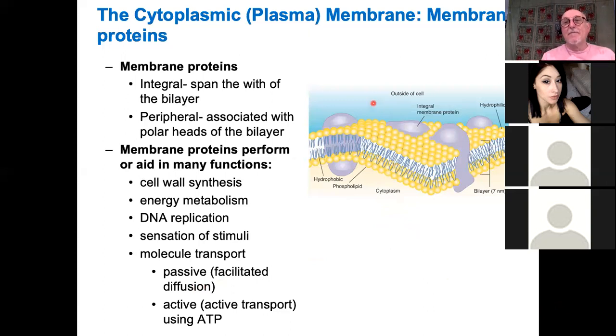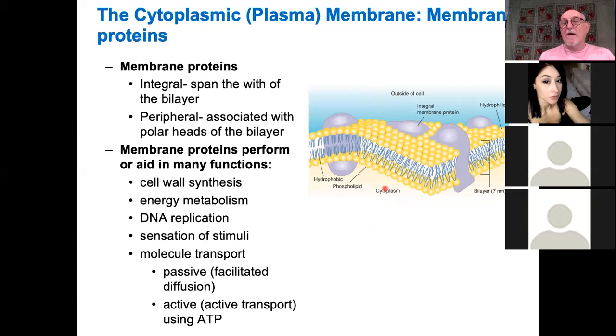In other words, the interior of the cell is continually communicating with the outside, but it does so in a controlled fashion. And that control is exerted by the proteins which are embedded in it.